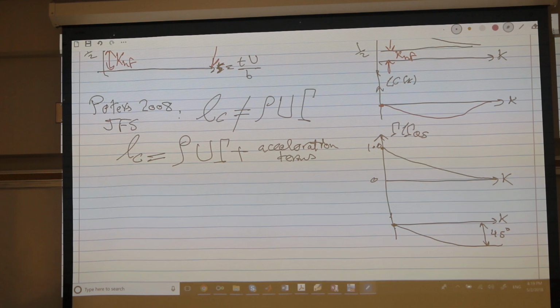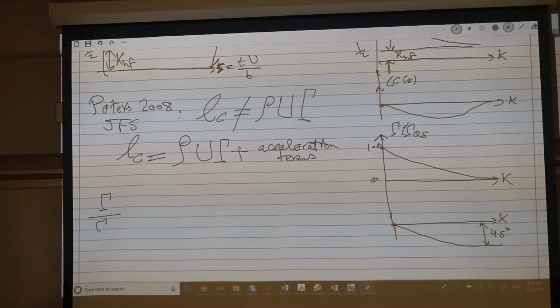So the relation actually between gamma over gamma quasi-steady, this is the transfer function that is a function of frequency, this is the frequency response. We tend to expect this is C of k. Okay? It's not. So here is the relation that we derived recently.